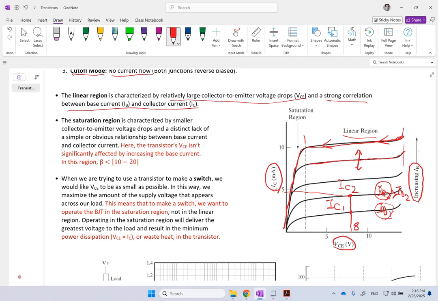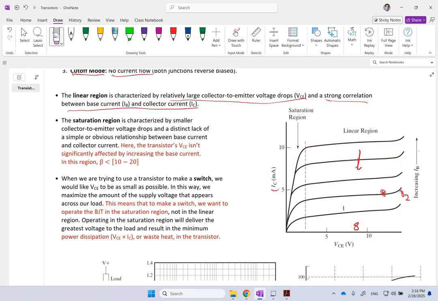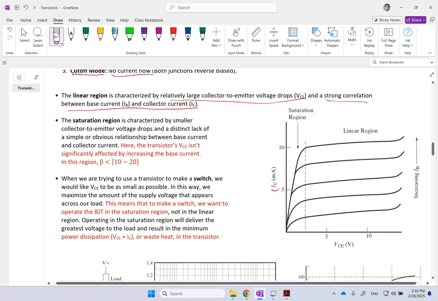On the other hand, we have this other region on the left side of this dashed line, which we call the saturation region. In the saturation region, as I mentioned, you can see that the change in VCE is not too much.